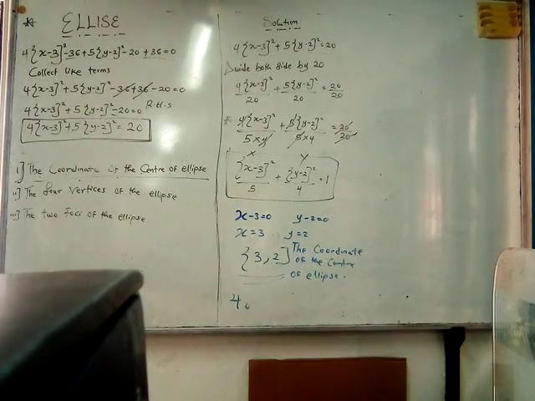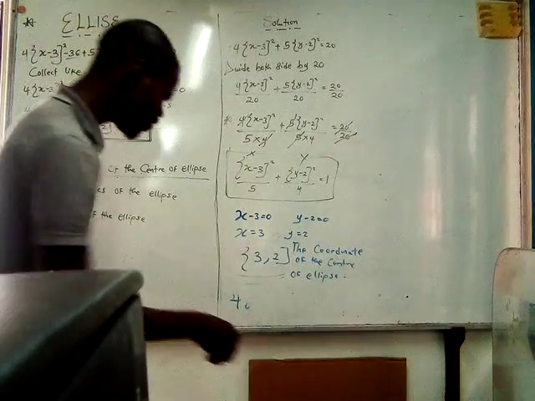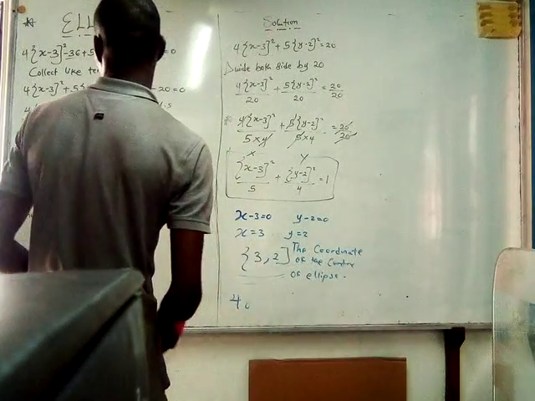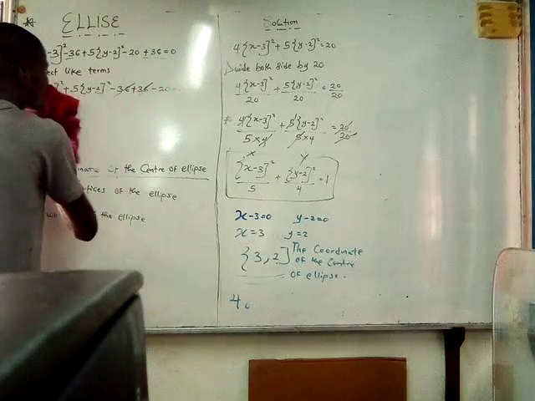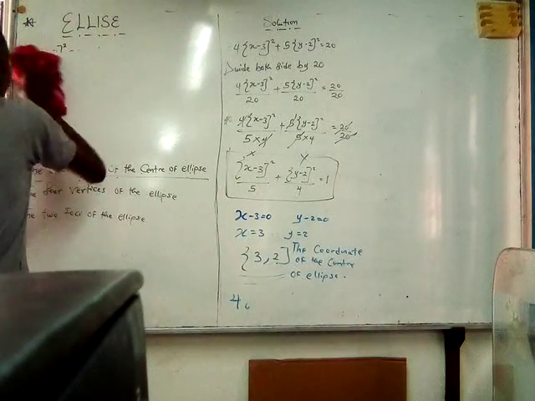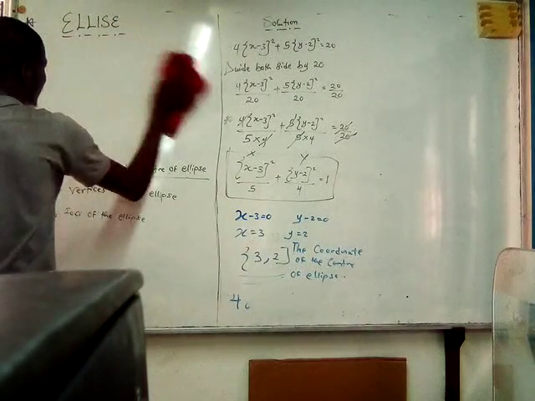Before, if we want to get the four vertices of the ellipse, the four vertices of the ellipse.